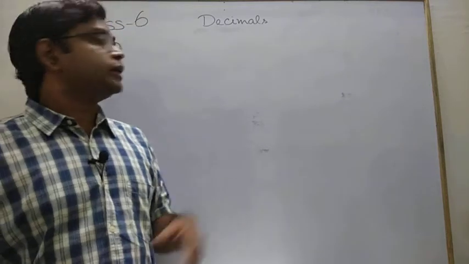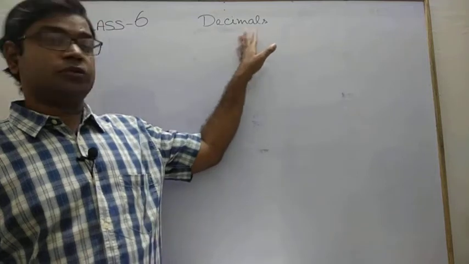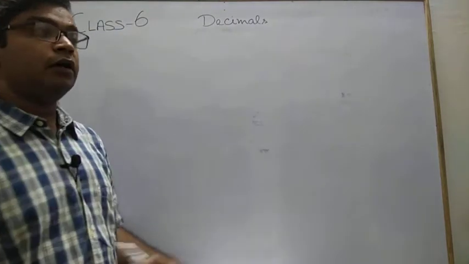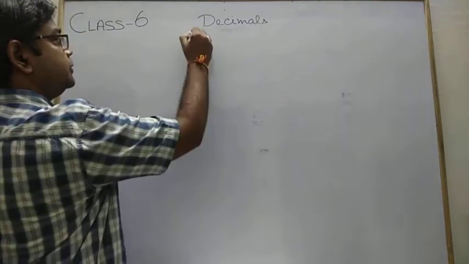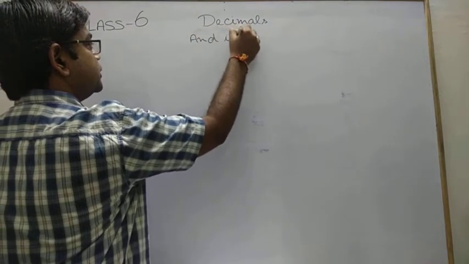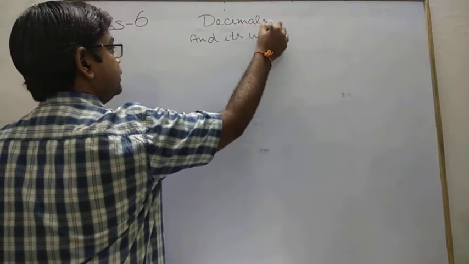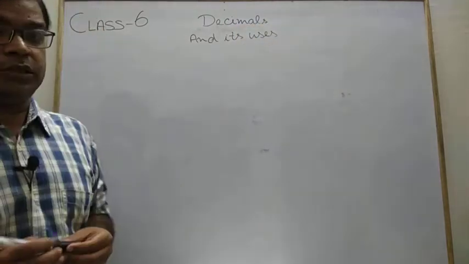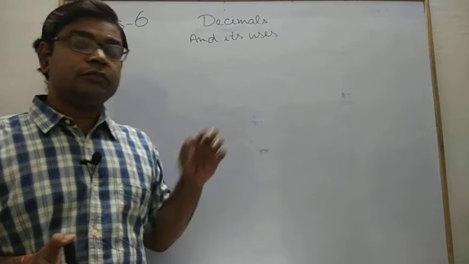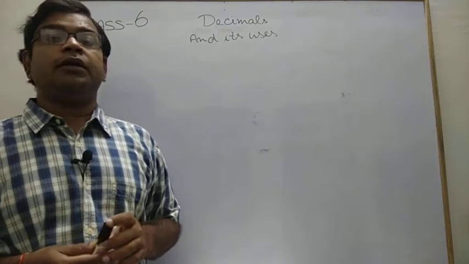Now that's all. We are going to discuss today's topic, decimals and its uses. Why are we reading this chapter? Does it have any practical uses? Yes, we always use decimals in our daily life.